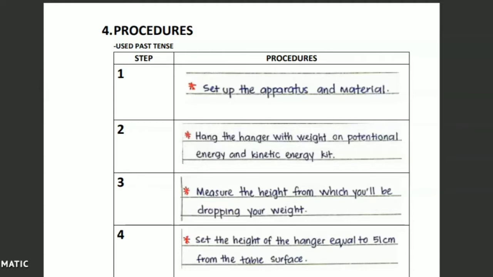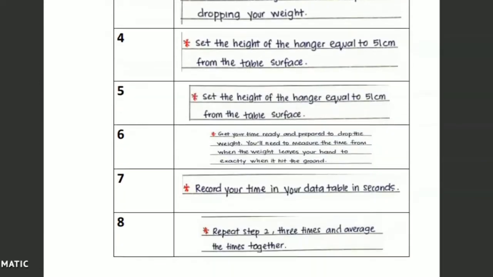So for today, I will explain about the procedures, table, and result. Step 1, set up the apparatus and material. Step 2, hang the hanger with weight on the potential energy and kinetic energy kit. Step 3, measure the height from which you will drop your weight. Step 4, set the height of the hanger to 51 cm from the table surface.